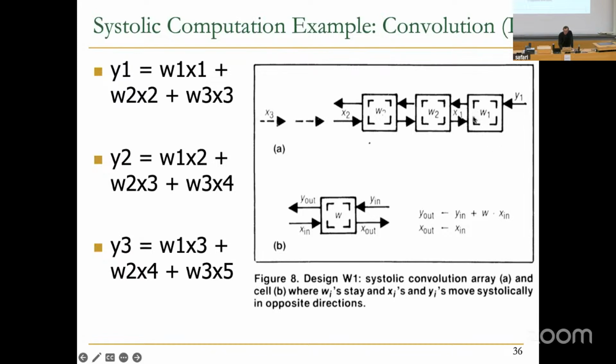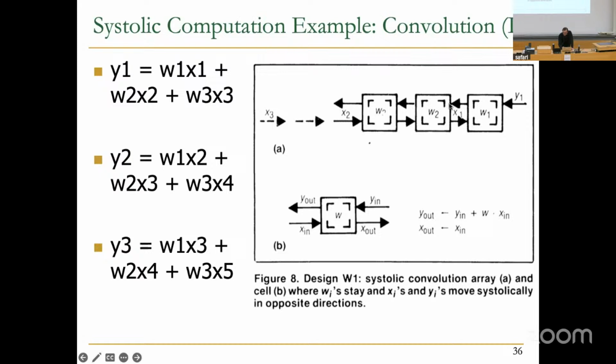And what it does is it computes, as we said, here you basically don't pass it anywhere because the results get dropped, so you don't use this output because there's nothing else after this point. But Y1 is computed by multiplying X1 with W1 over here. And then the next cycle, Y1 goes here, and it's X1 W1. Right? And the next cycle, you have X1 W1 over here, and then X2 moves here.